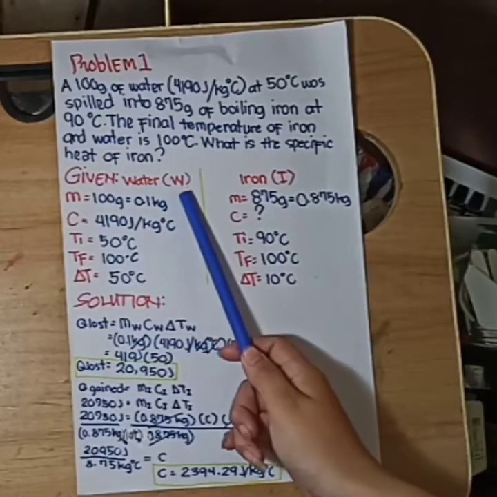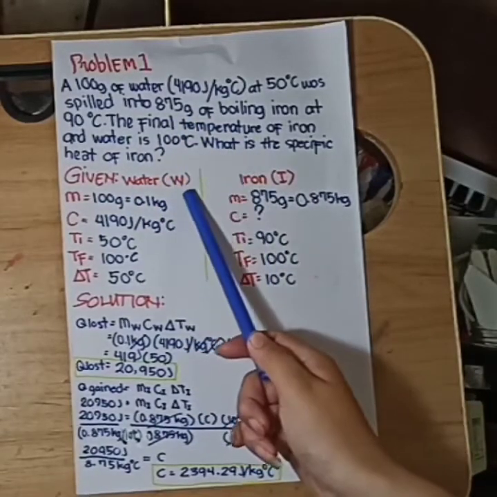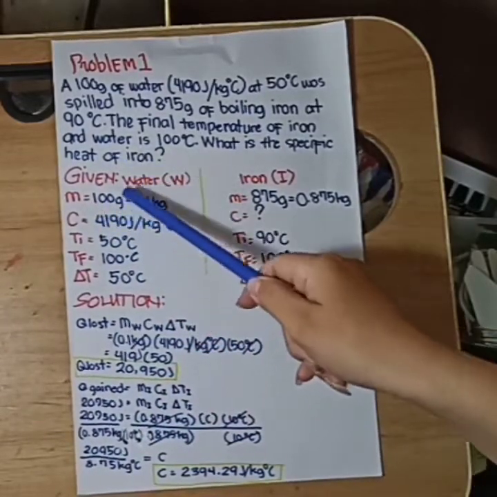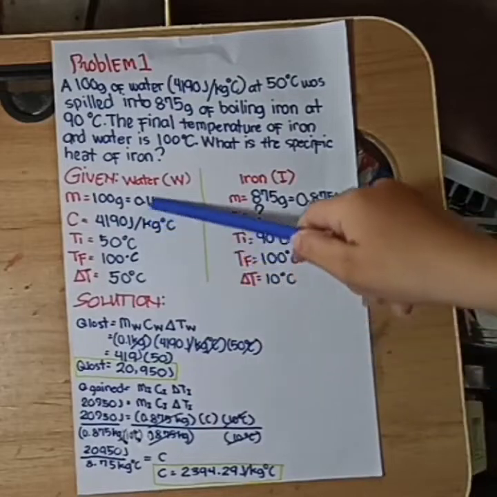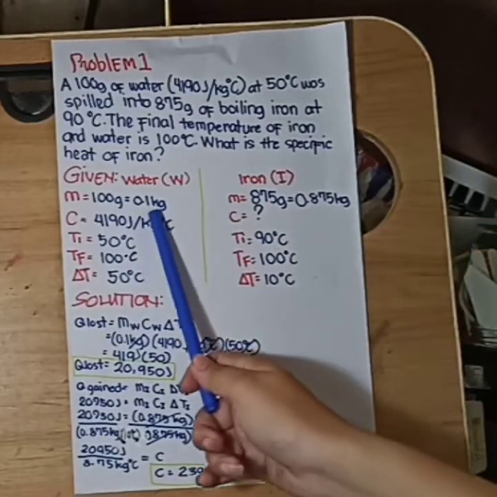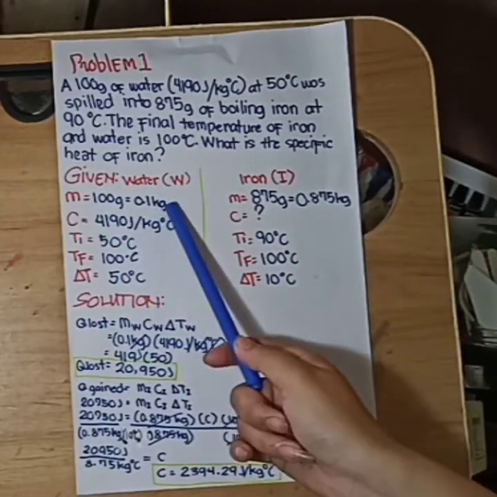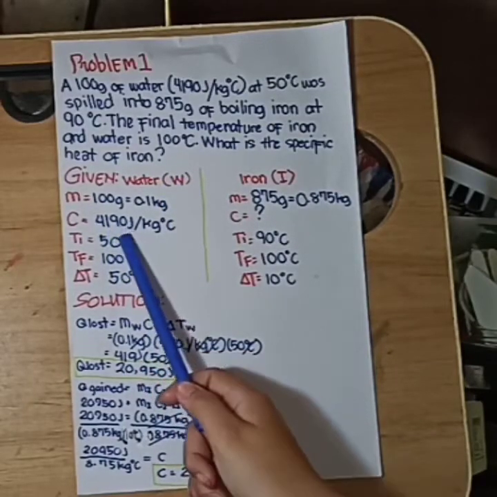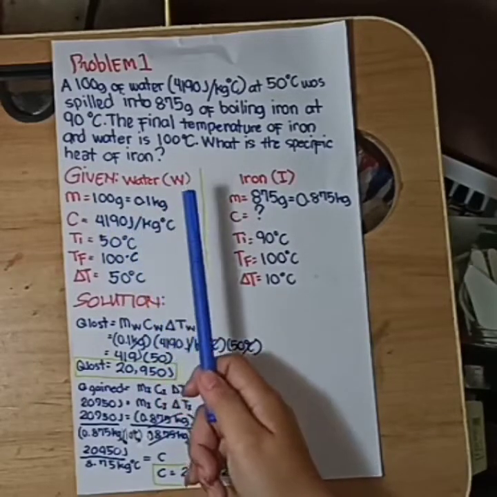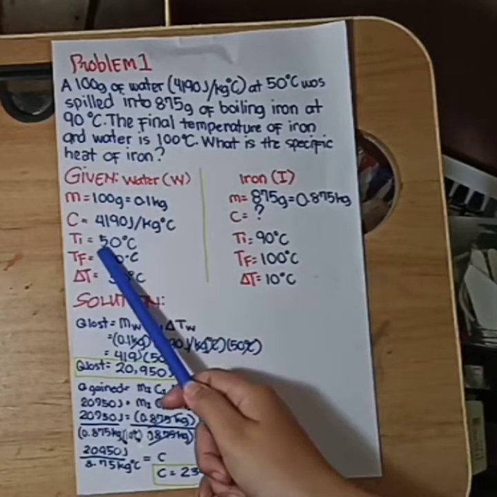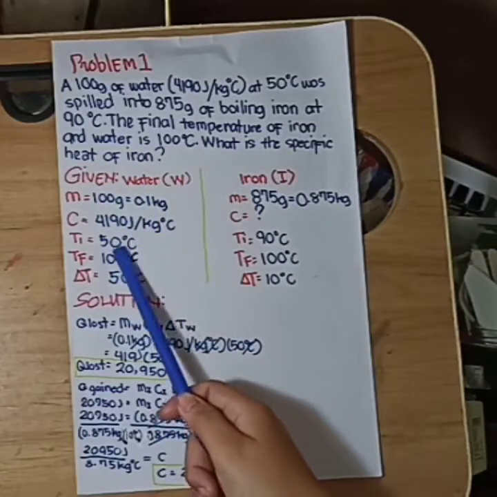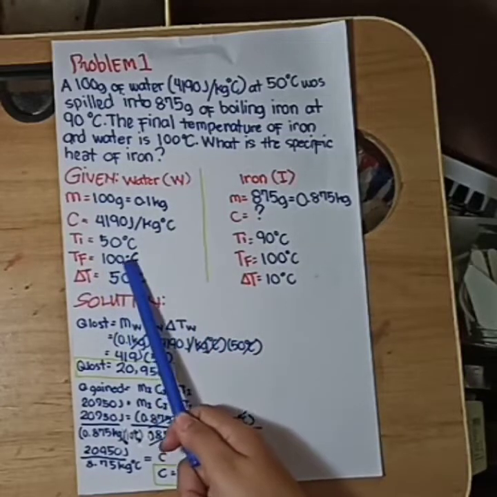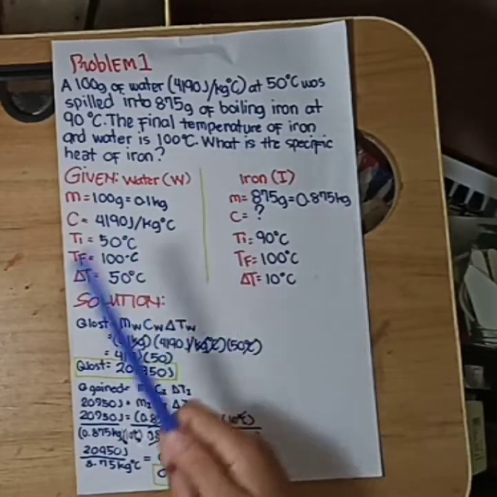Water: we put the initial W. The mass of water is 100 grams, and we convert it into kilograms, which is 0.1 kilograms. The specific heat is 4,190 joules per kilogram degrees Celsius, the initial temperature is 50 degrees Celsius, and the final temperature is 100 degrees Celsius.